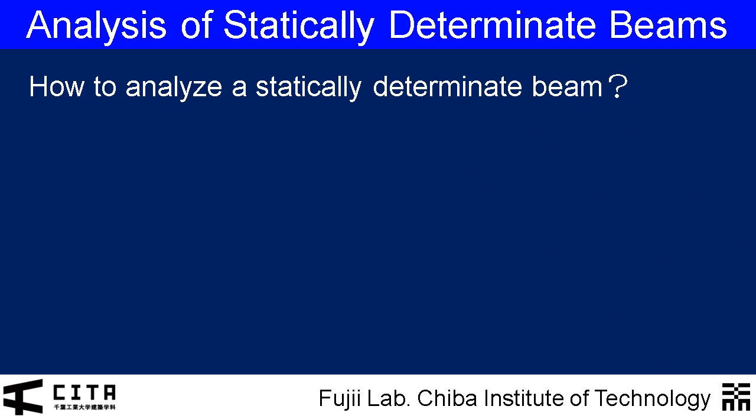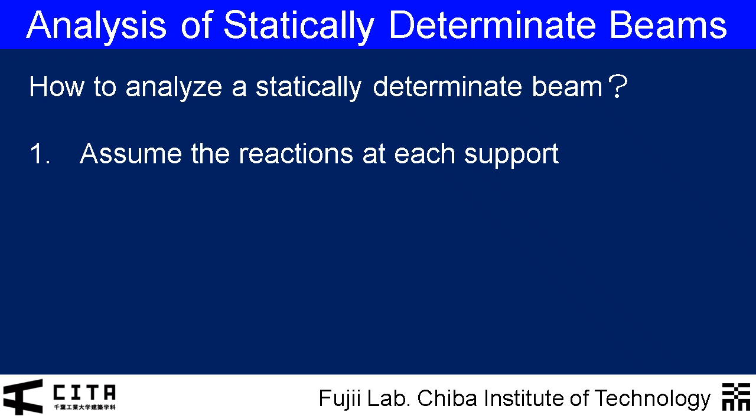Now, let us explain how to analyze a statically determinate beam. Analyzing a statically determinate beam means finding the support reactions and internal forces. First, we assume the reactions at each support.